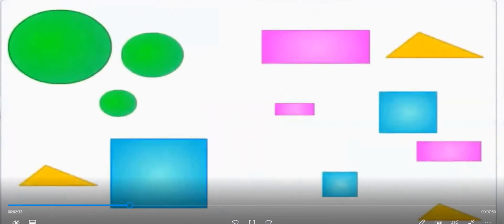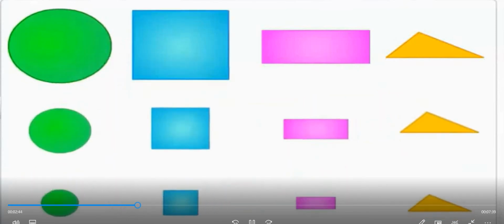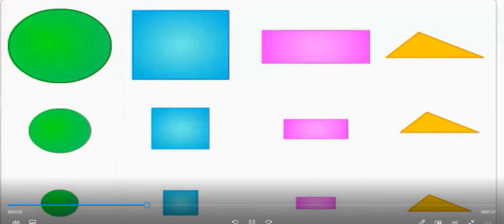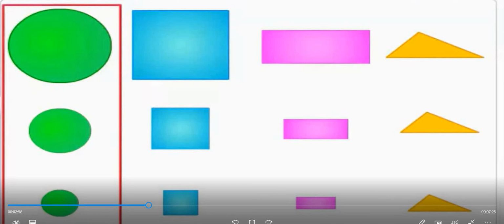Now, consider the geometrical figures given here. Let's sort the figures on the basis of similarity. Here, now all similar figures are aligned together. Let's analyze these figures to further understand similarity. All circles are of the same shape and their radii will always be proportional.